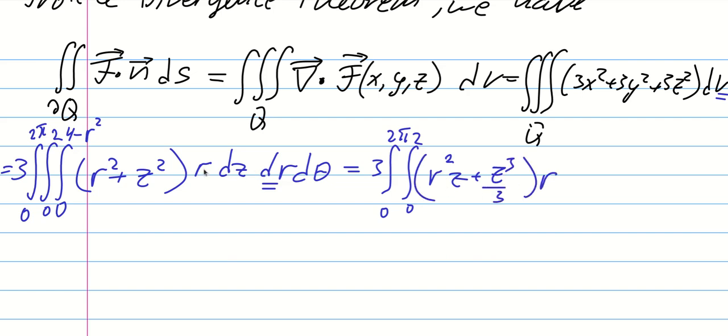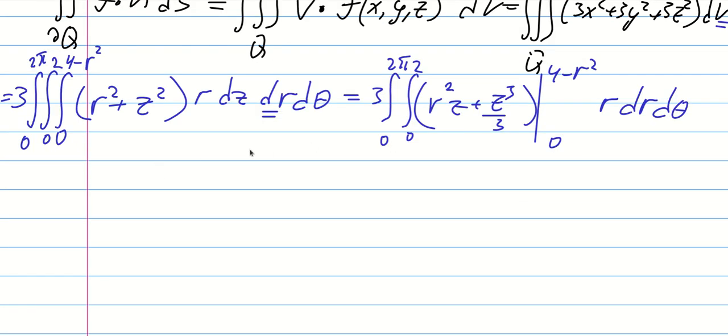R is a fixed number, it doesn't change, and we can even move it over here, r dr d theta. But this expression we have to evaluate from 0 to 4 minus r squared. If we plug in 0 for z, this will zero out, so it's not crazy important.